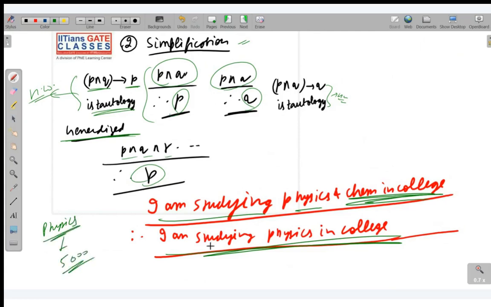Now you have given a statement to the legal clerk that I am studying physics and chemistry in my college. So he will draw the conclusion: okay, you are studying physics and chemistry, therefore you are studying physics, so you will get 5,000 rupees.